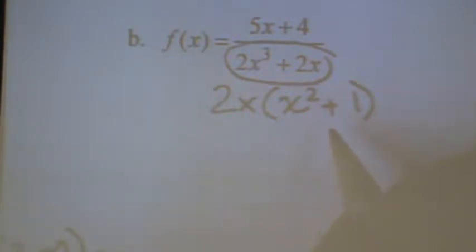If it said x squared minus 1, then yes, you could. So this is not going to give you anything that you can work with, but this is: x cannot be 0. So your domain is all real numbers except 0. So negative infinity to 0, union 0 to infinity, or x such that x cannot be 0.